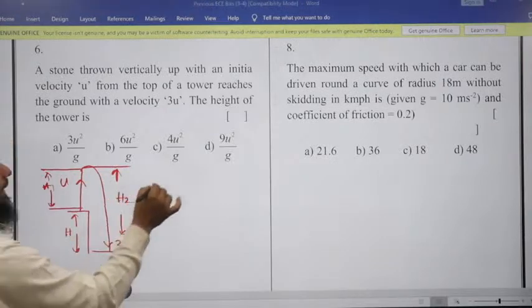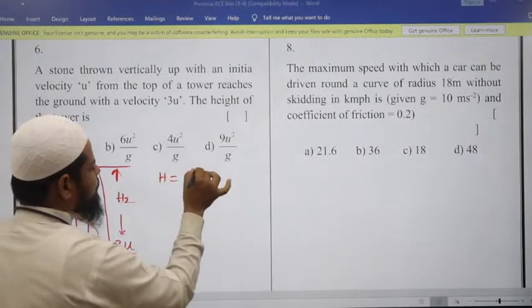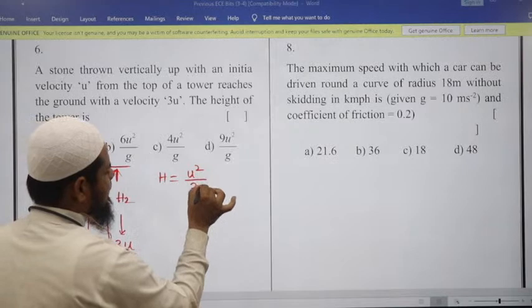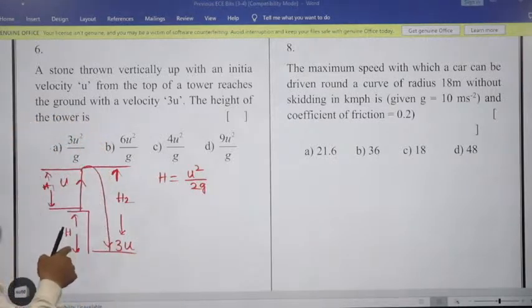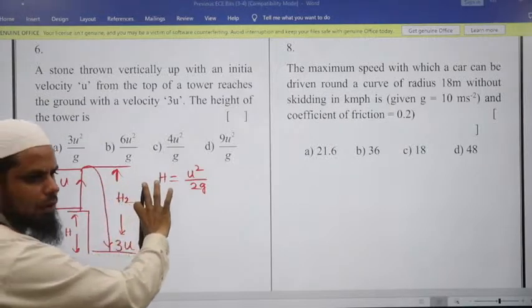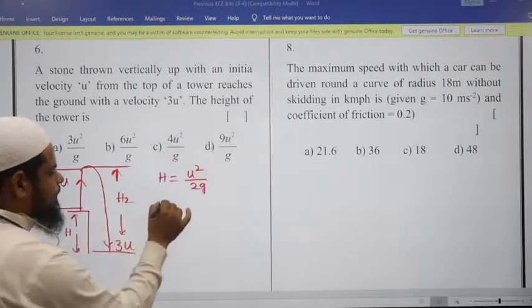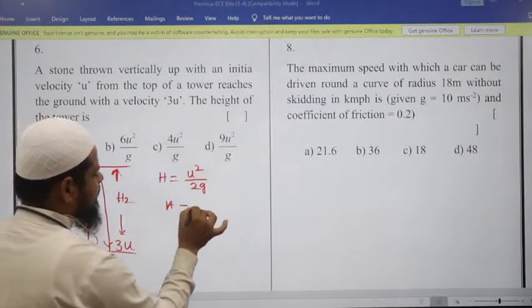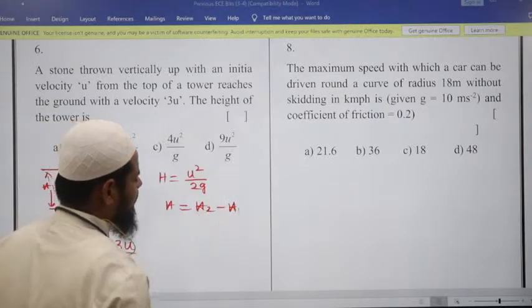What is the general formula for h? H is nothing but u square by 2g. Now how do you find this h here? Total is h2. If you subtract h1 from h2 then you will get h. H is nothing but h2 minus h1.